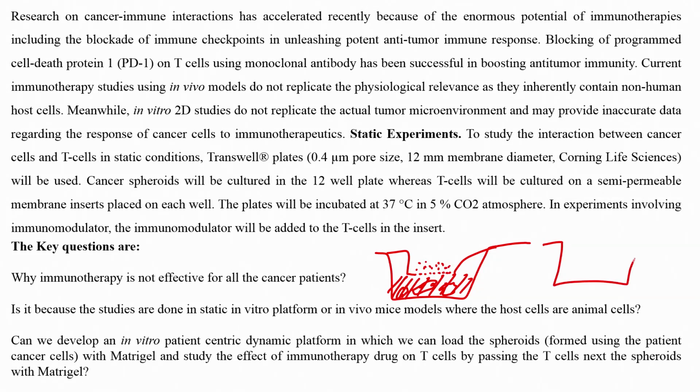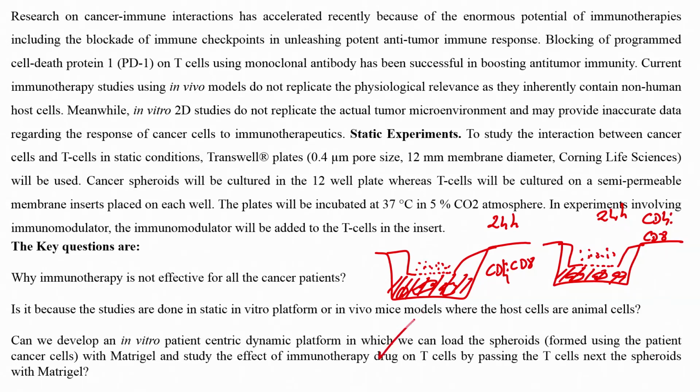You have another well, you load T cells, you have spheroids, here again have T cells, right, wait for 24 hours and see CD4 CD8 ratio, right. Here wait for 24 hours, see CD4 CD8 ratio.